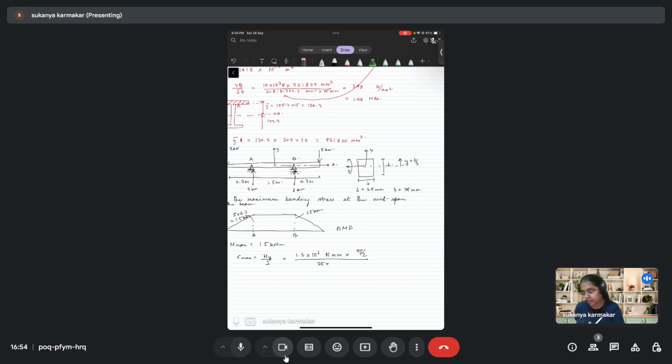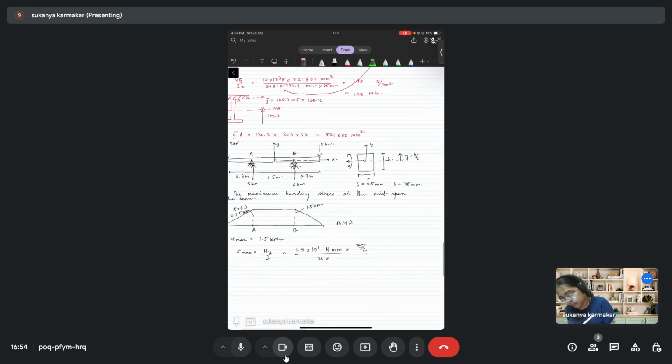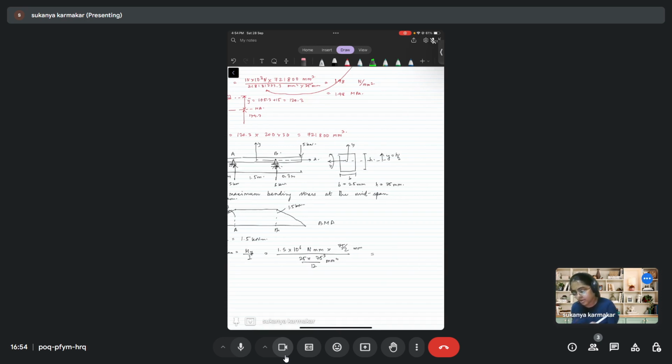You can remember it like this: 75 cube by 12. This is in mm. So your answer will be Newton per mm square. Just plug in the numbers and calculate it. So 1.5 into 10 to the power 6 into 75 divided by 2 into 12, divided by 25 into 75 to the power 3.